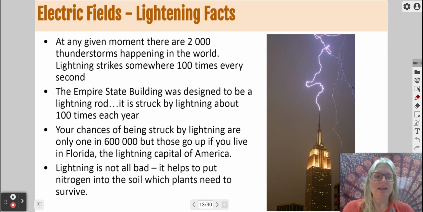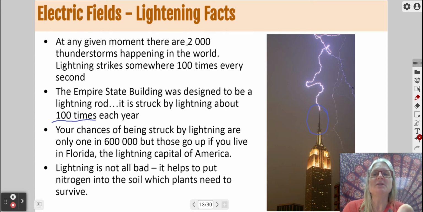Some other little lightning tidbits here. I love this picture of the Empire State Building with a big lightning rod, and that was actually its design. It was designed to be a big lightning rod for the city, and apparently it gets struck about 100 times each year with lightning, which is amazing when you think about it.